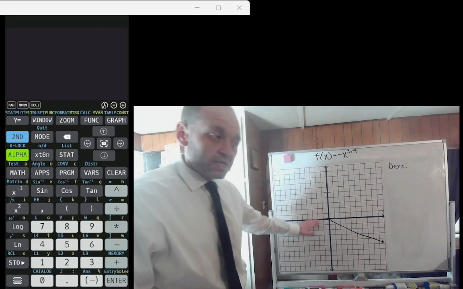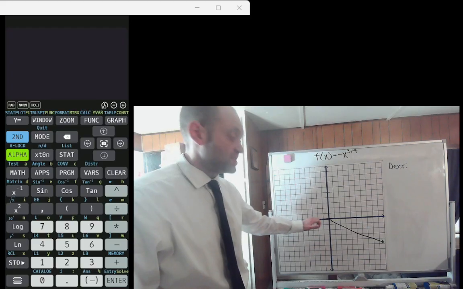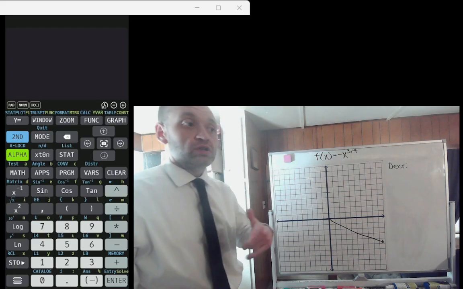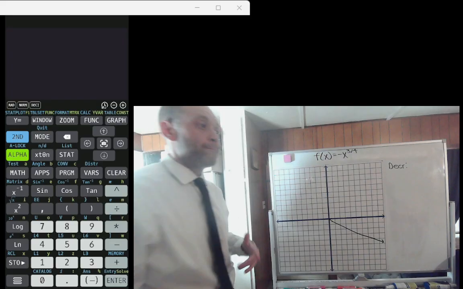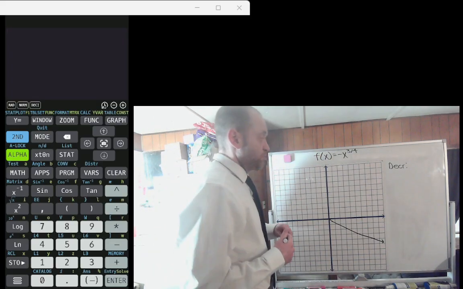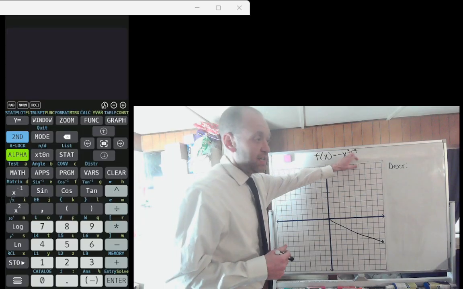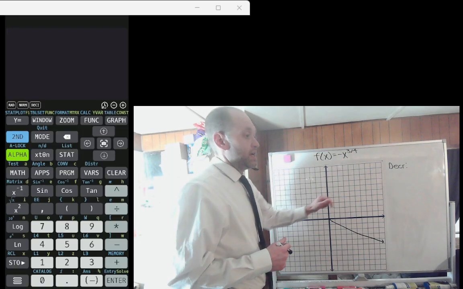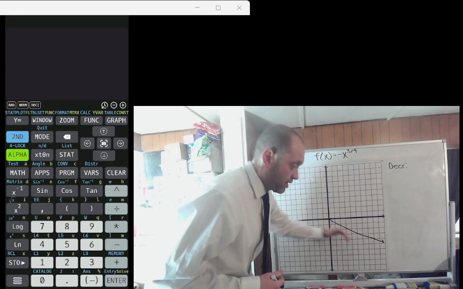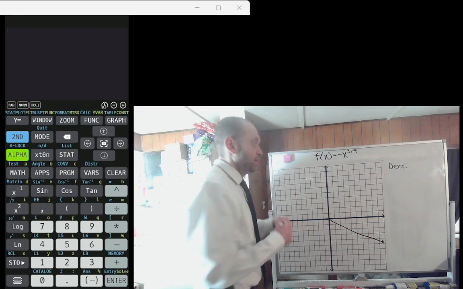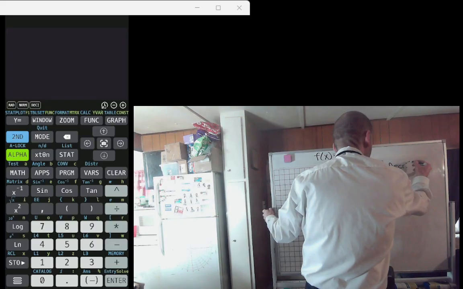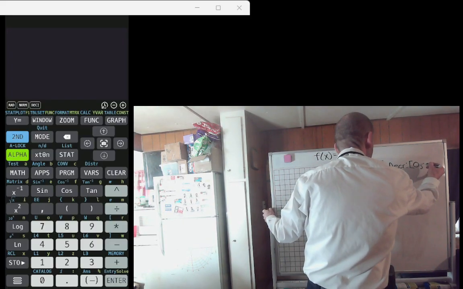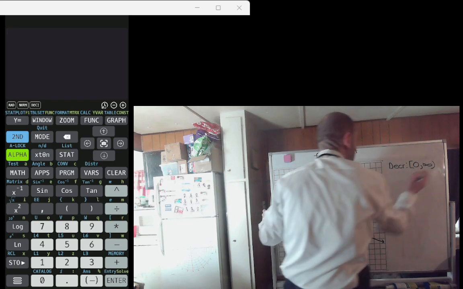If it goes from increasing to decreasing at the same x value, then you don't include the value itself. But since this is an even root function, it's only defined for x greater than or equal to 0 for its domain. So it's decreasing on the interval from 0 inclusive to infinity.